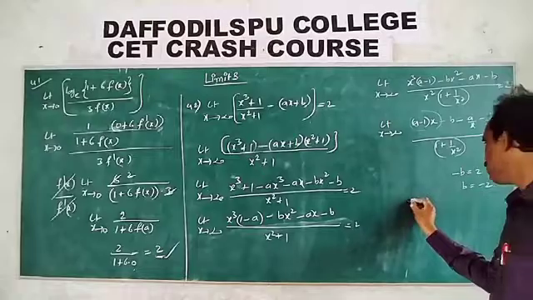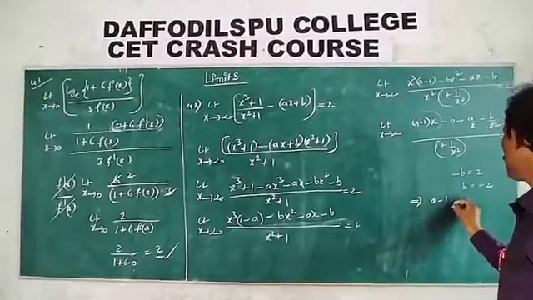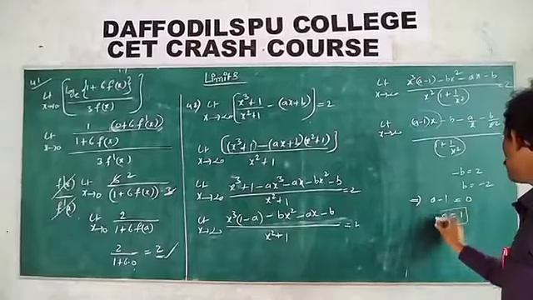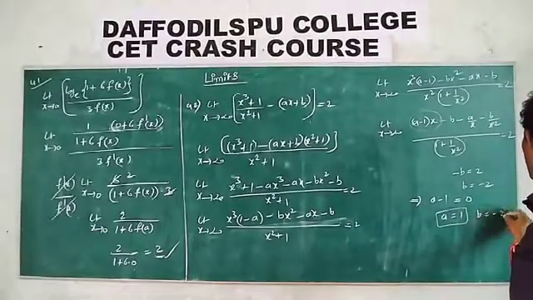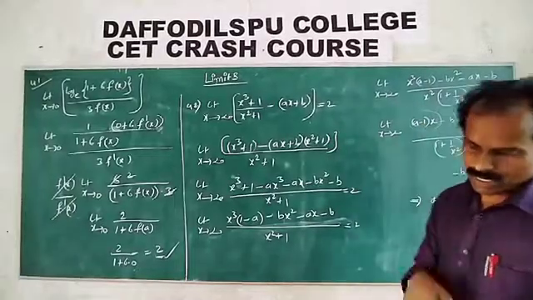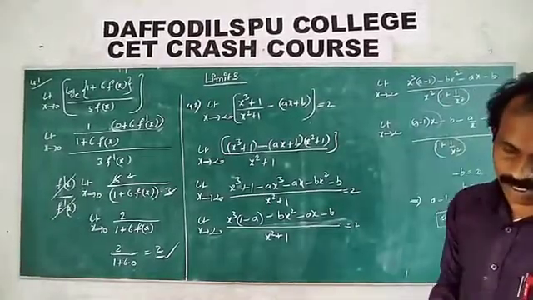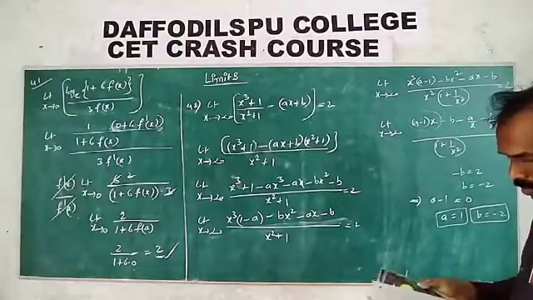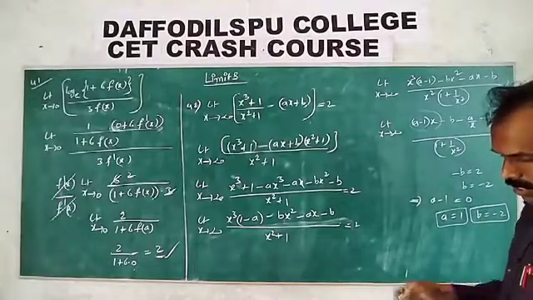That implies a minus 1 is equal to 0, therefore a is equal to 1. So finally a is equal to 1 and b is equal to minus 2. Okay, option 3, a is equal to 1 and b is equal to minus 2. That is the option.